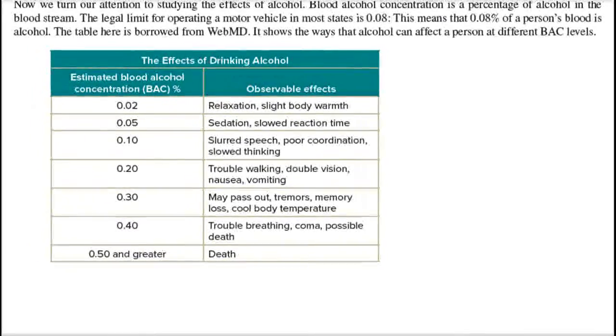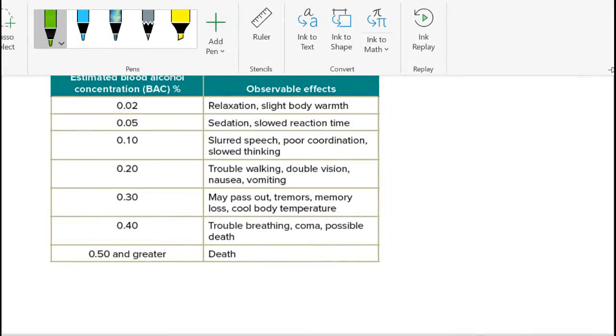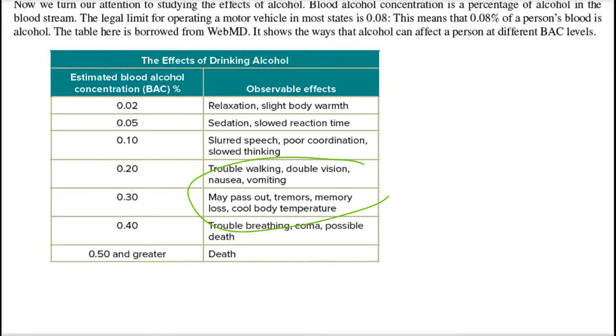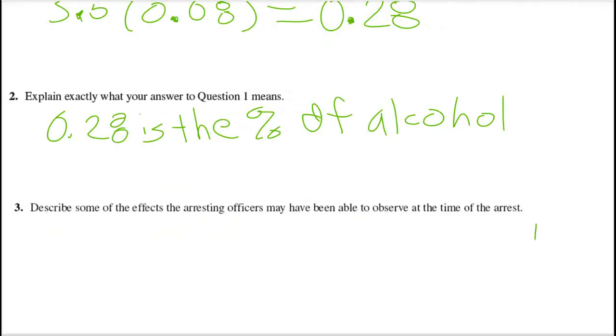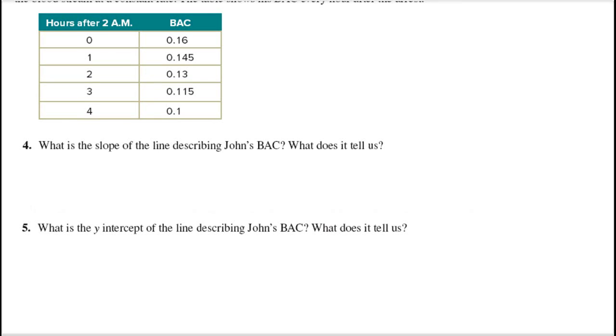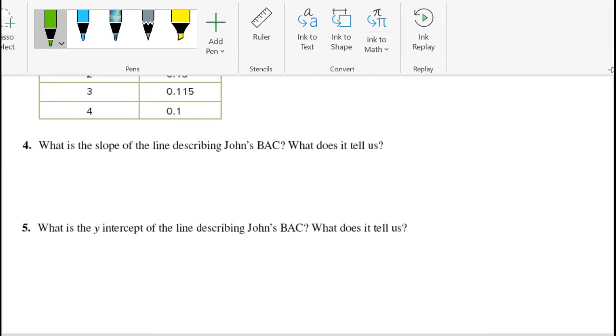So basically, these are the things that you could look for when you're describing what they might have seen. Okay. Go on to question 4 and restart the video once you're done.